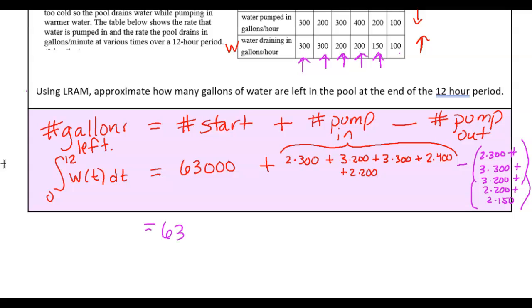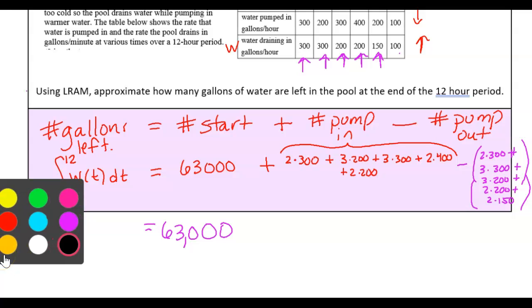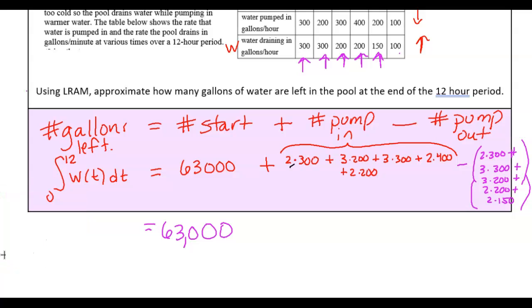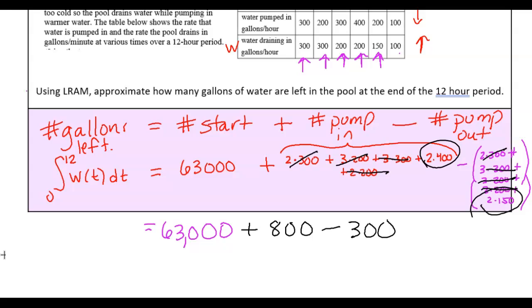So we get 1,000. And then let's look at what we can eliminate that's the same. So 2 times 300, those are going to cancel out. 3 times 200, 2 times 200. I'm just canceling out the exact same ones, so it's less math for me to do. So that's it. So then I've got plus, I'm really going to have 800 gallons overall, and we're going to take out 300 more because I had this and this.